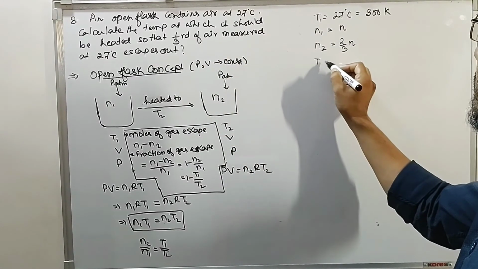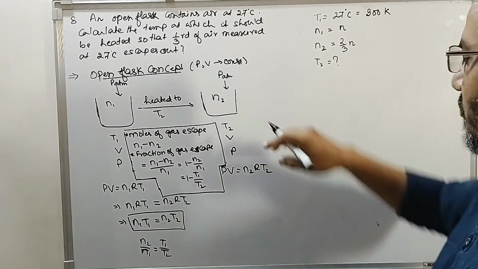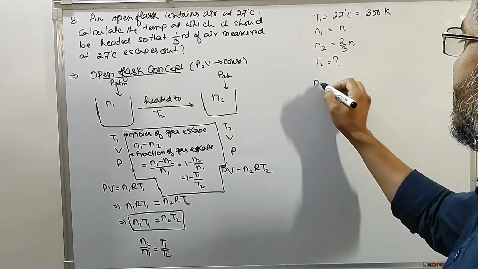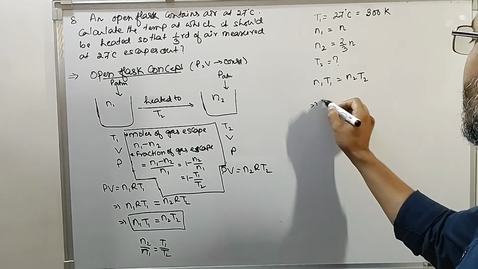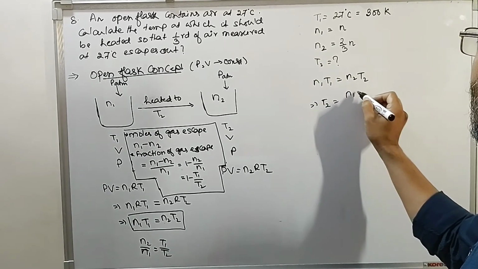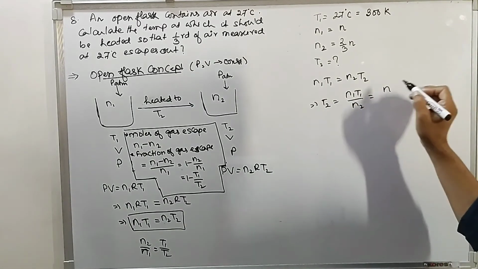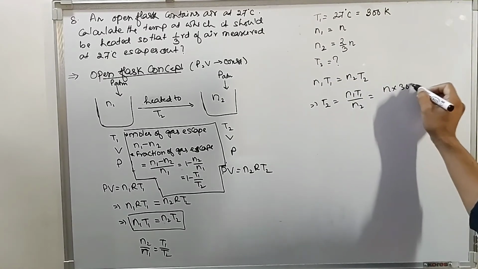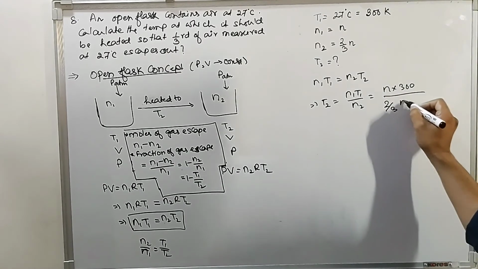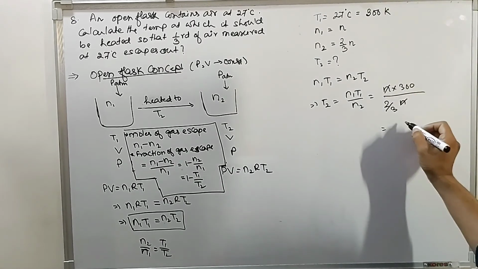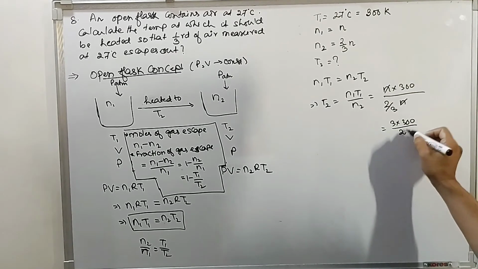Then we have to find the value of T2. From the open vessel concept, we have N1 T1 equals N2 T2. So T2 equals N1 T1 by N2. N1 is N, T1 is 300 Kelvin, N2 is 2/3 of N, so N cancels out, and this comes out to be 3 into 300 divided by 2.